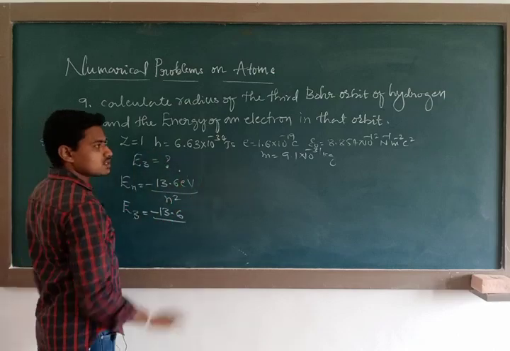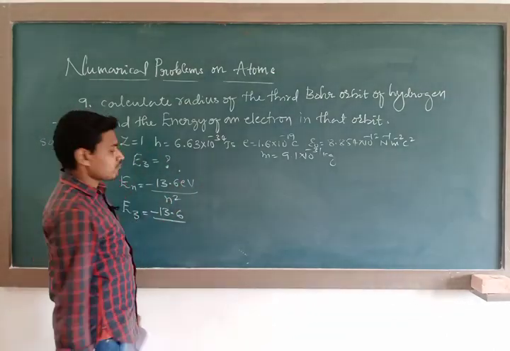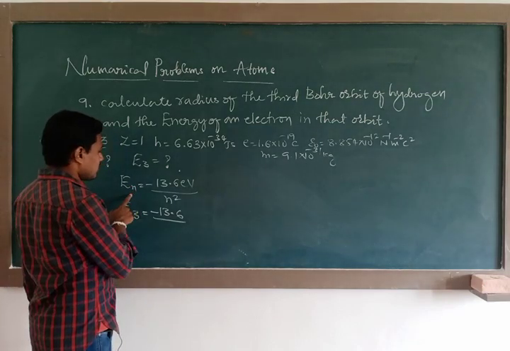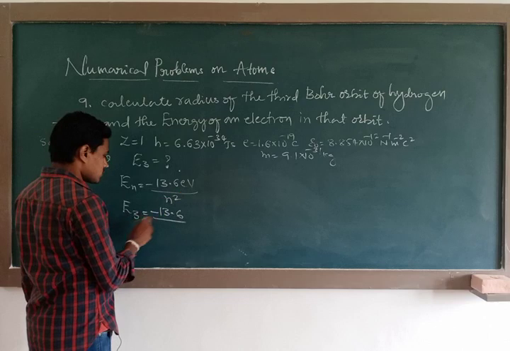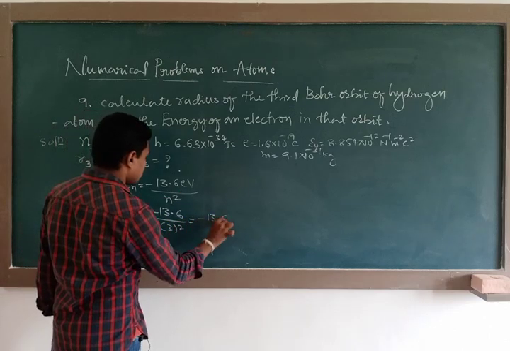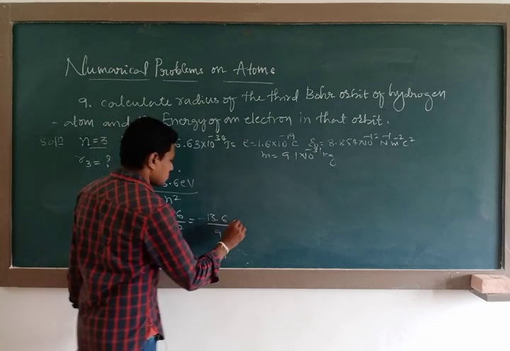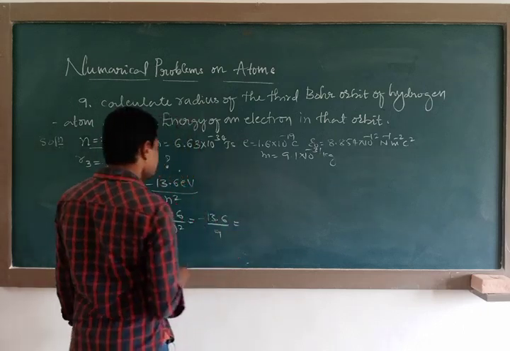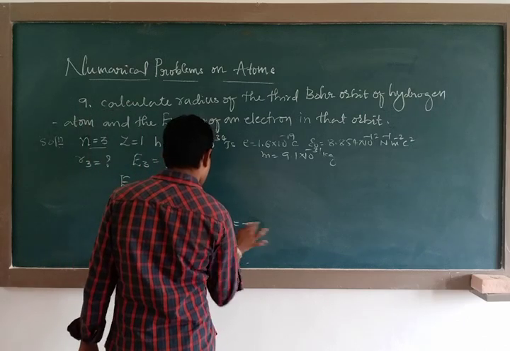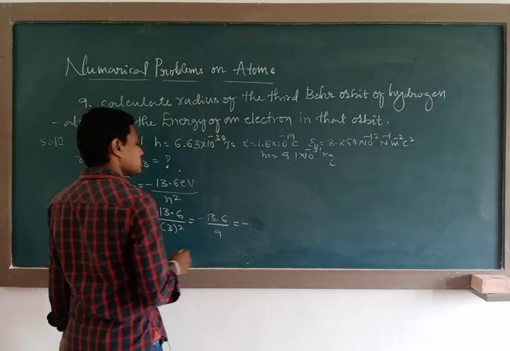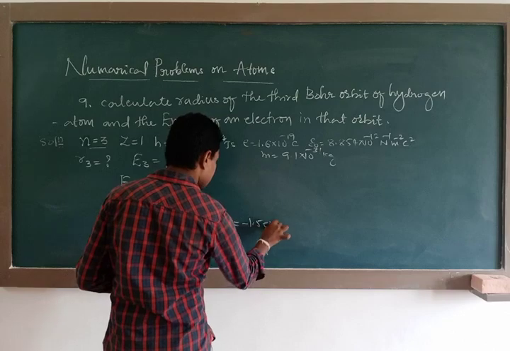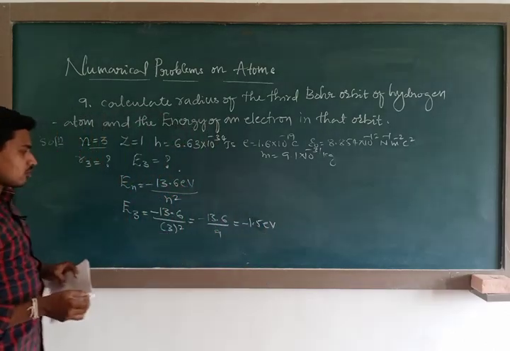Already we have used all these data for finding r. So energy, we can also solve like this, that general equation En equal to minus 13.6 by n square, minus 13.6 by 3 square. So minus 13.6 by 9. This is found out to be minus 1.5 electron volt.